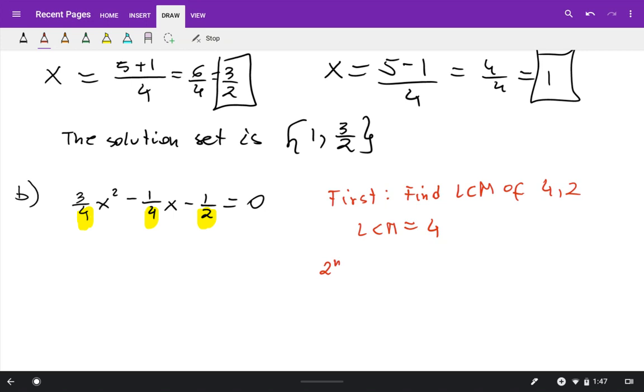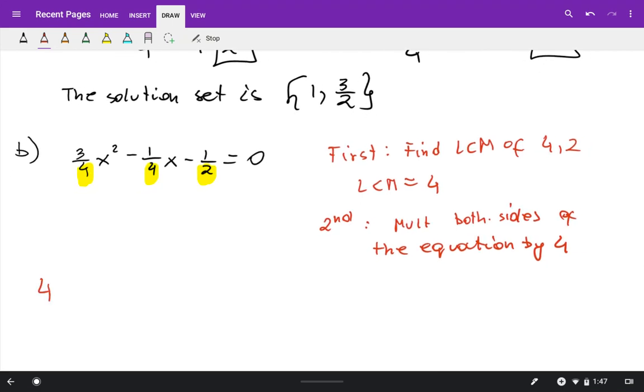So second, multiply both sides of the equation by 4. Okay, so we have 4 times, and I copy my left side of the equation.